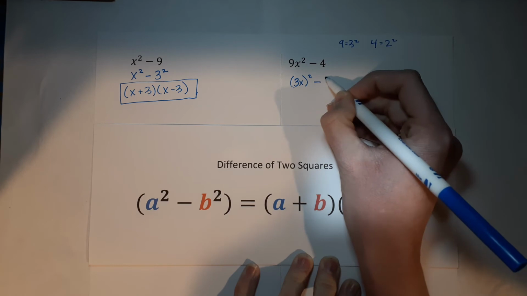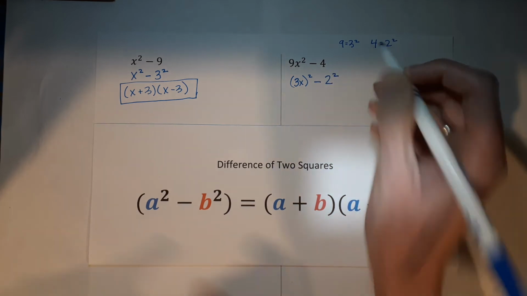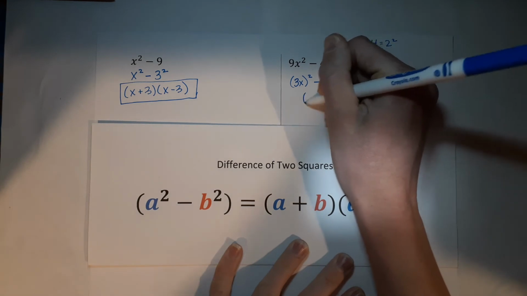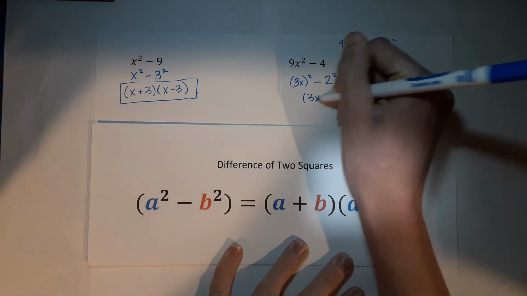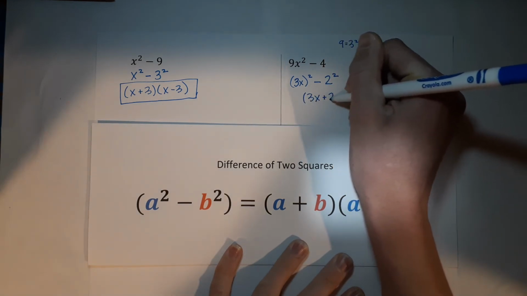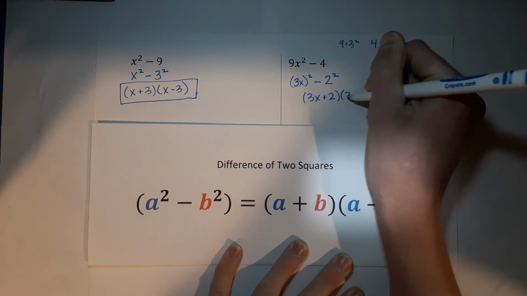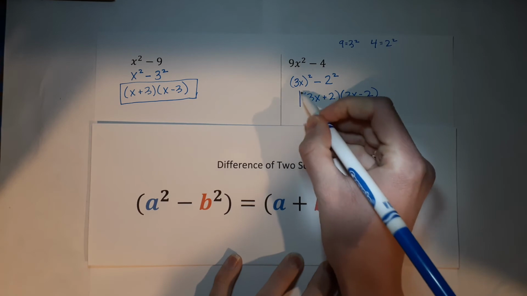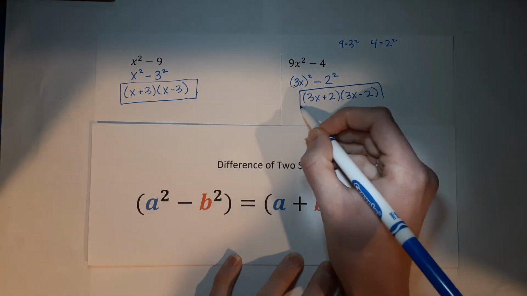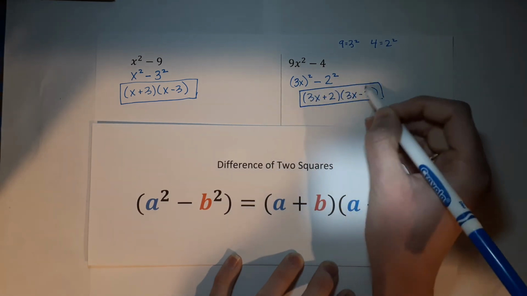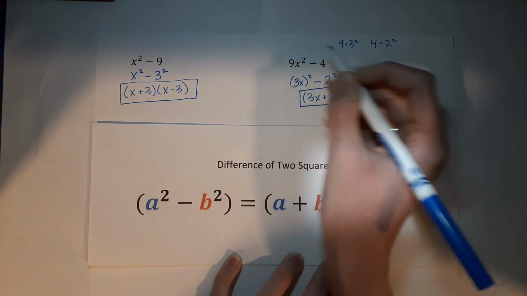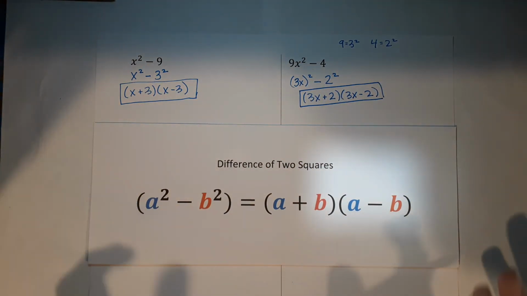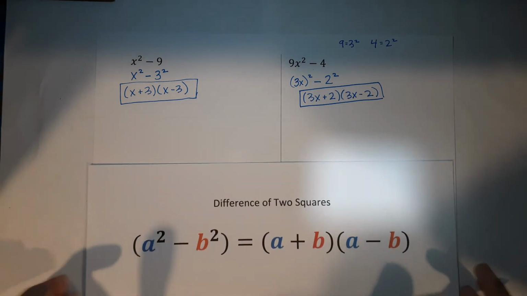Minus 4 is 2 squared. Now are we looking like this? Yes, we are. So I'm just going to write this as 3x plus 2 times 3x minus 2. Now, always and forever, you can multiply these back out and make sure you get this. Always do that just to make sure. Also, that is your answer if you are asked to factor.